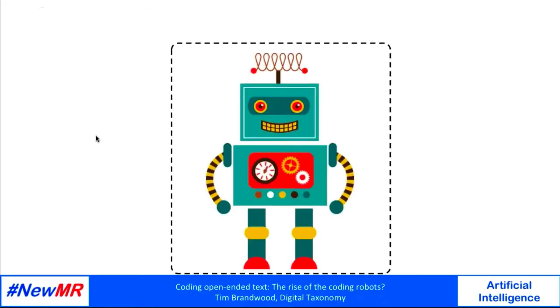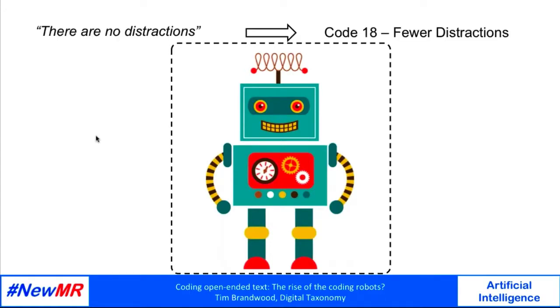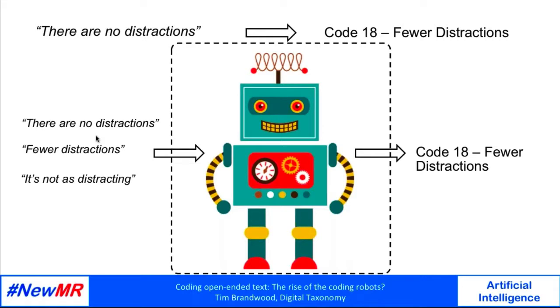There are a couple of useful ways where we've managed to get the AI to assist coders. Firstly, let's say a coder codes the verbatim "there are no distractions" as code 18, along with a number of other similar examples. Then as new verbatims are fed into the system in the future, the AI is able to apply its learning and auto-code these items as they come in.